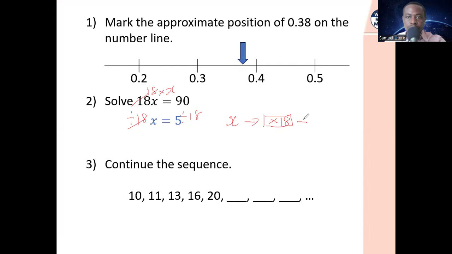We know that our result is 90. So if we want to find the input, which we do not know, we can work backwards. To work backwards means we're going to do the inverse operation of multiplying by 18. So to get the input, we'll divide by 18. So this is another way of thinking about the problem and finding a solution to it.